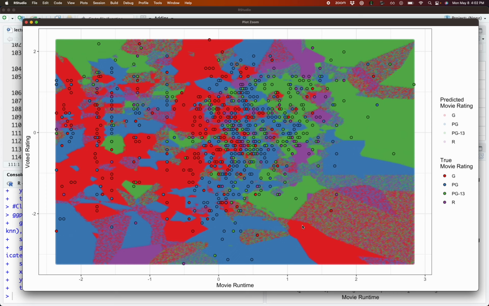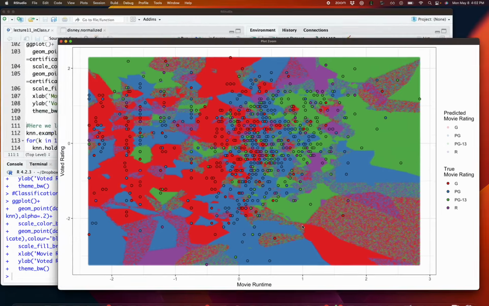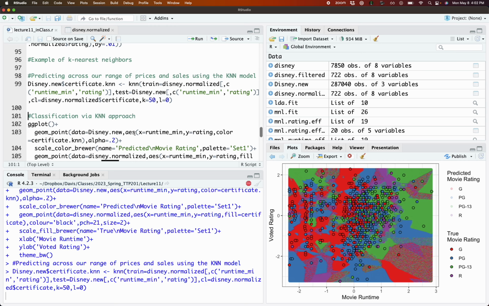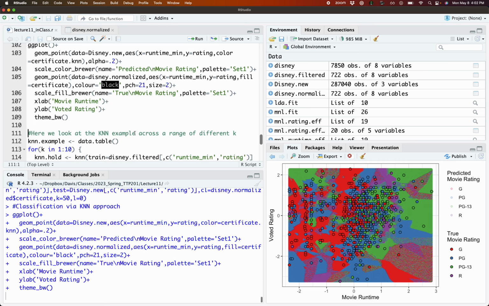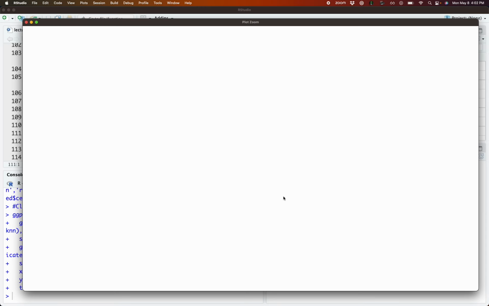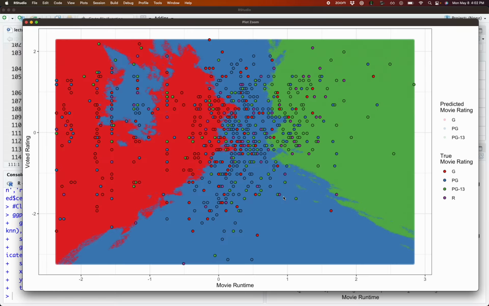What was your K number? 3. Yep. And as your K's grow in number, I can show you real quick. Let's set K equal to 50. You can think about what happens here as you pack up, and these start to converge.